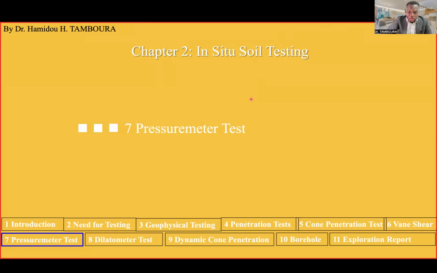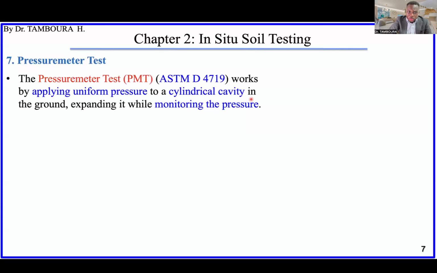So this pressuremeter test, this is the designation, American Society for Testing and Material. PMT, pressuremeter test. Just when you hear pressure, in pressuremeter you hear pressure, right?